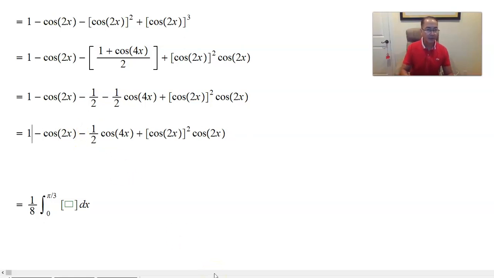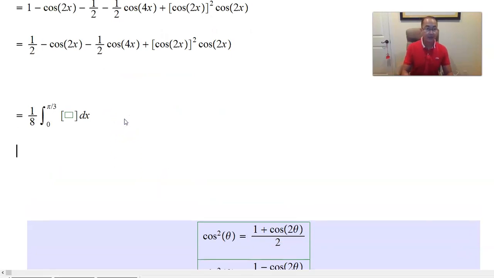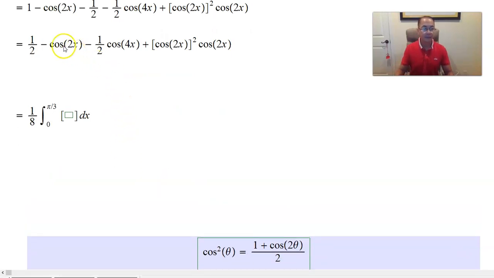So that 1 becomes 1/2. I do believe that these are now ready to integrate term by term. There is definitely value in simplifying an integral as much as possible before you do the integration.